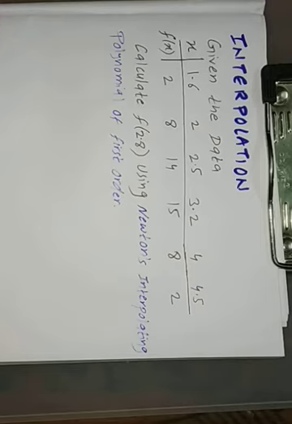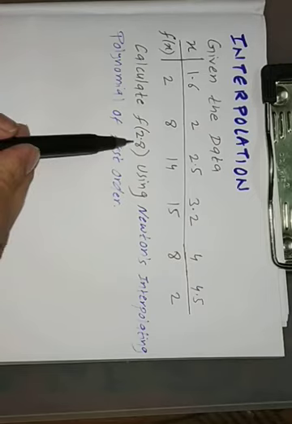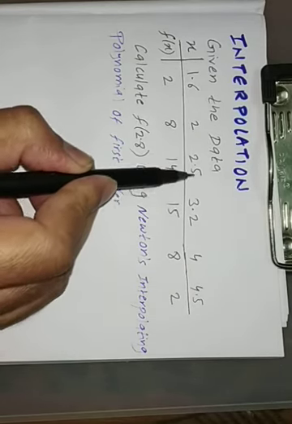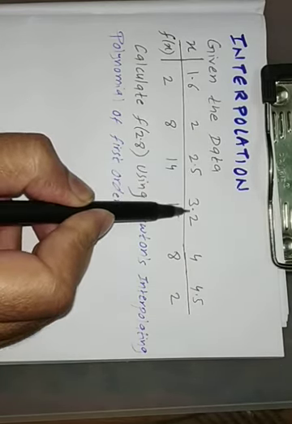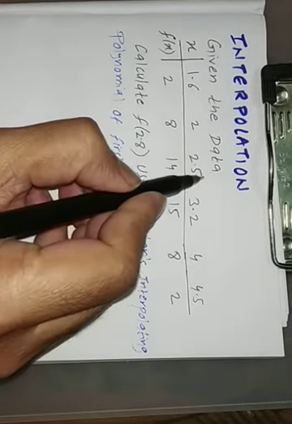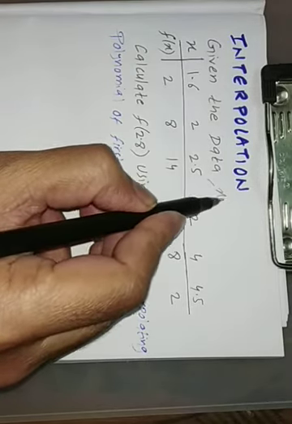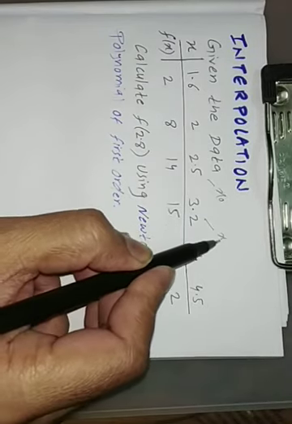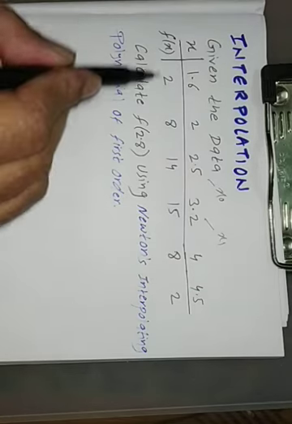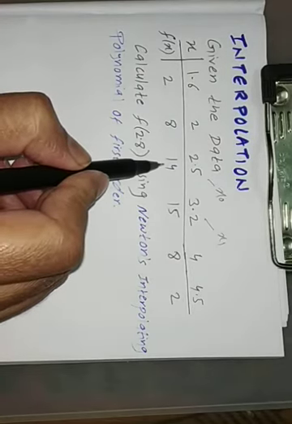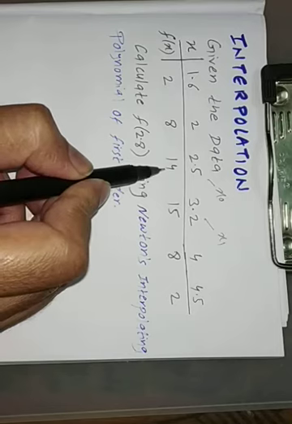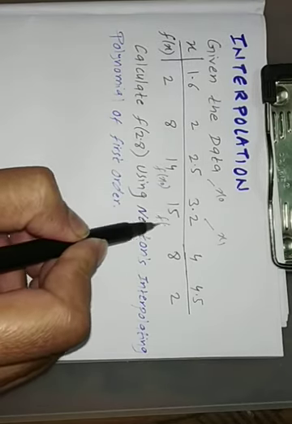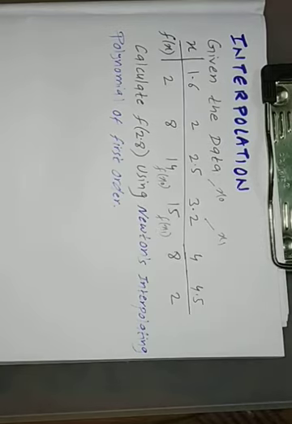This 2.8 will fall between 2.5 and 3.2. So 2.5 will become our x0, and 3.2 will become our x1. Similarly, 14 will become f of x0, and 15 will become f of x1.